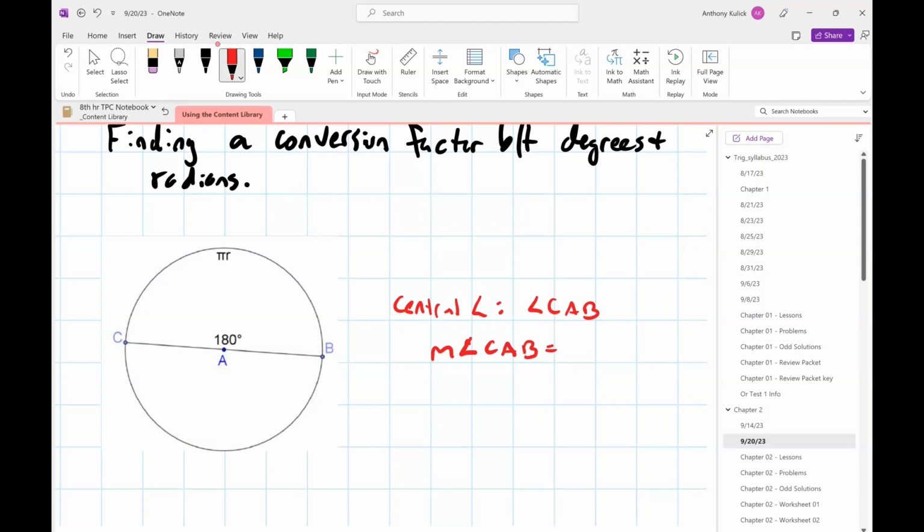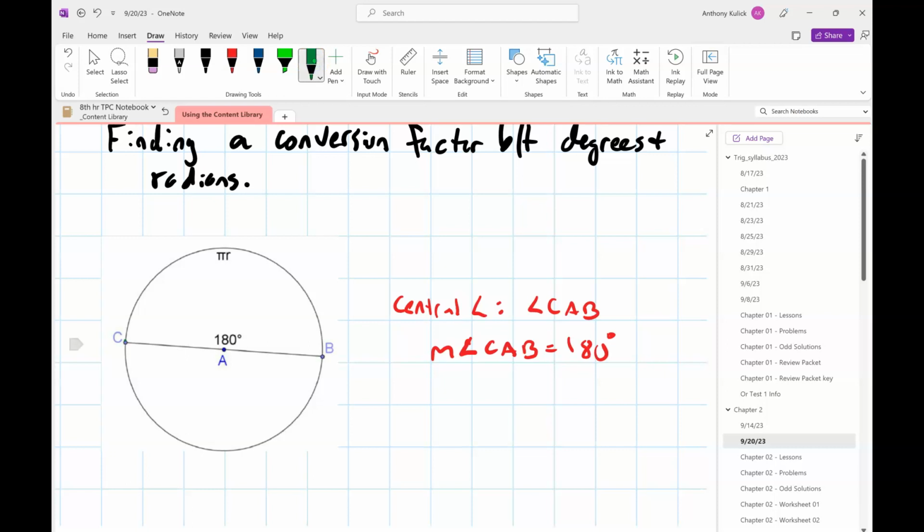Who's taking a risk? Jake, I saw you hesitate. Yeah, that's good. So it's labeled on the picture, but you might also have just figured it out by looking at it and seeing that it's half of the circle or that it's a straight line, right? Any of those would be reasonable explanations. Everybody's happy there? Okay.